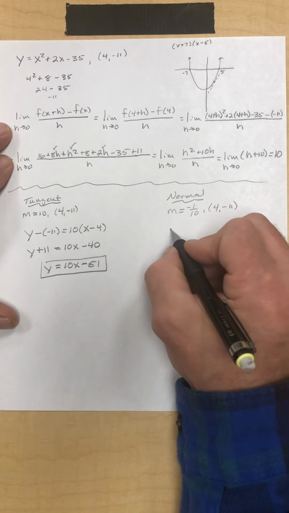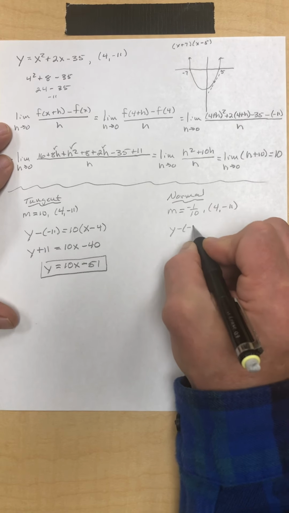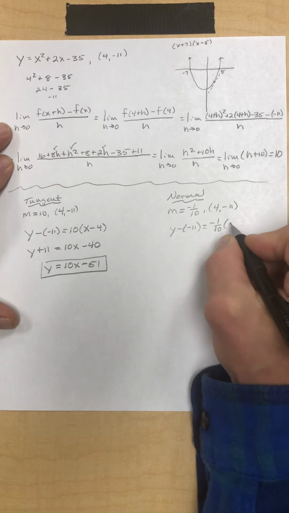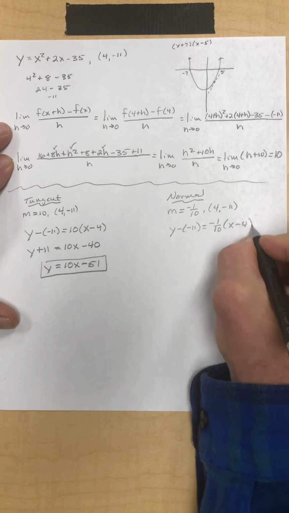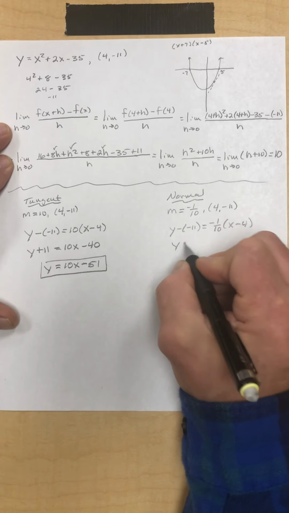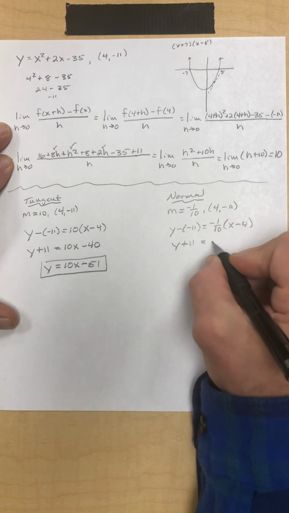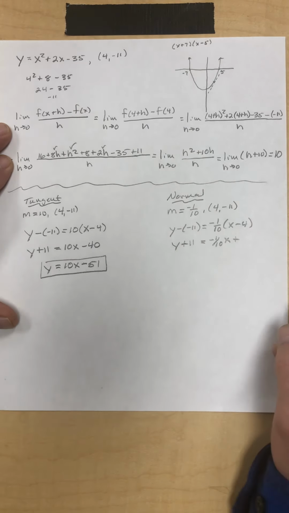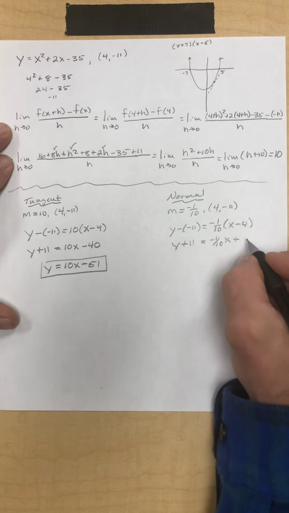Normal line. y minus a negative 11 equals negative 1/10 times x minus 4. So I get y plus 11 equals negative 1/10 x plus, what's that going to be, 4/10 or 2/5?